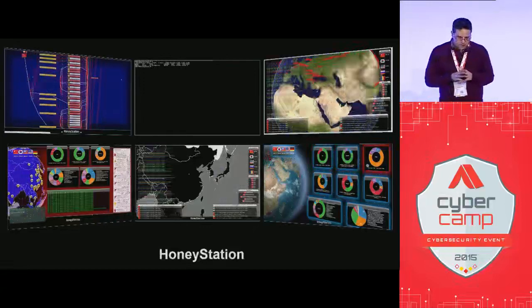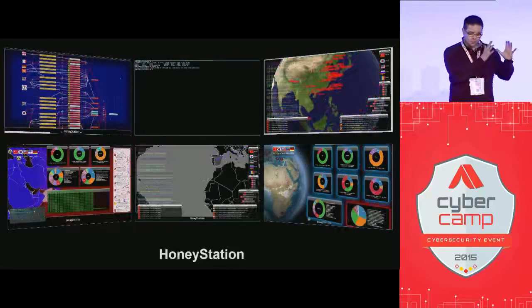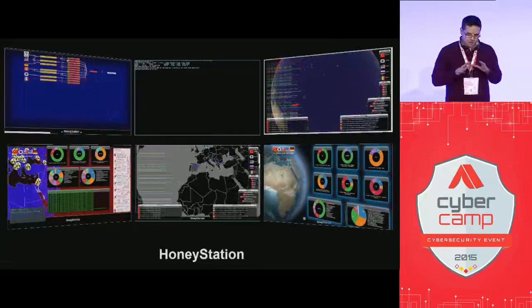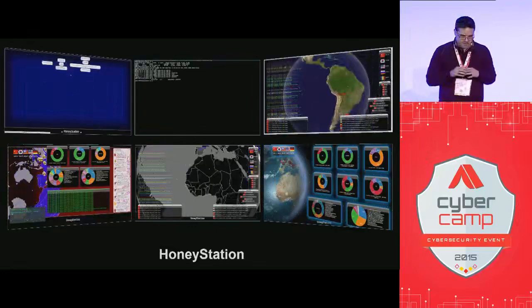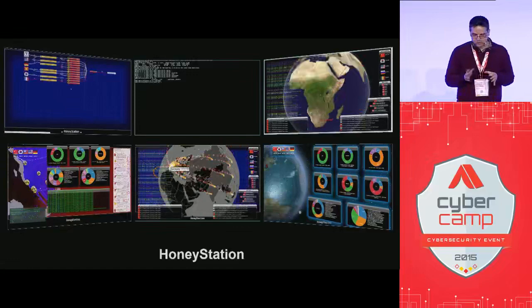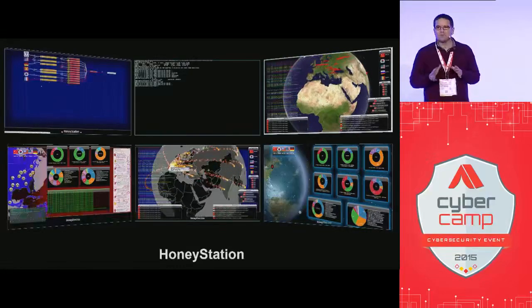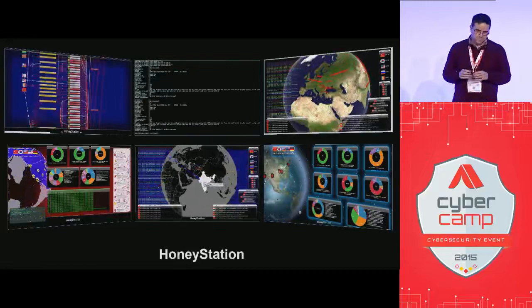So this is the work that I've done in the last year. There are 5 panels here. One of them is the view of the actual honeypot, and the other 2 from the viewpoint of the country and from the city. So this is about the attack trends, and this is another map about malware and the location of the malware.